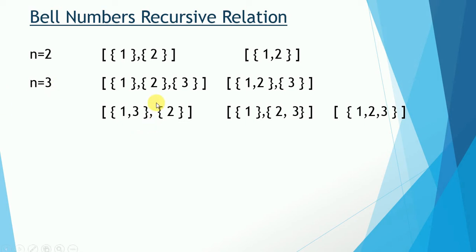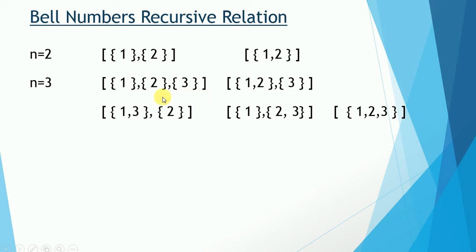Like the first component suggested, this 3 is getting added as a single element to the existing partition. If you look at these two partitions, this 3 has been added as a single element there, and we got these two ways. I'm sure it is clear to you now. If it is not clear, you can put your doubts in the comment section. I'll answer them within 24 hours.